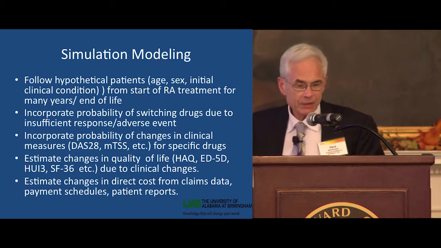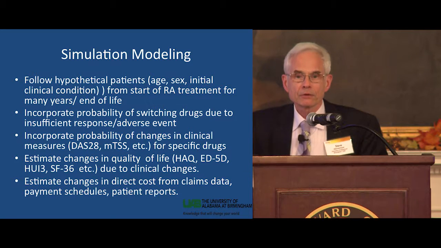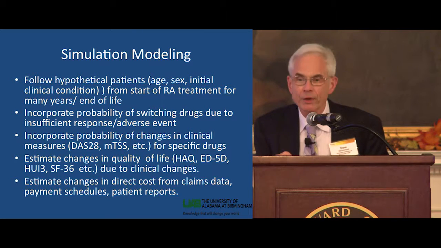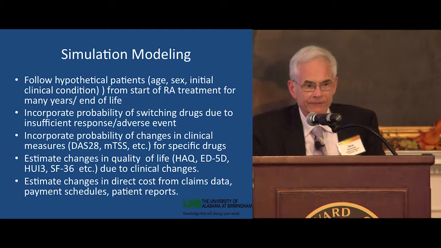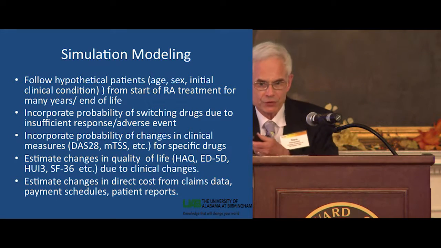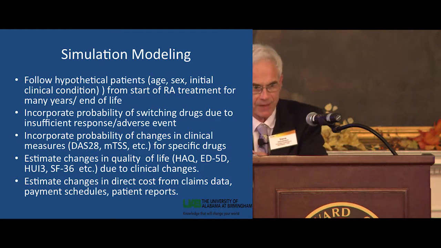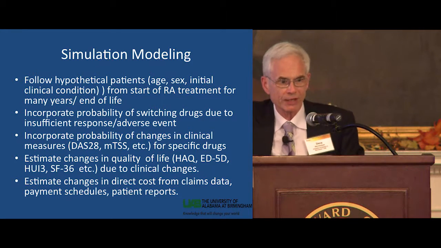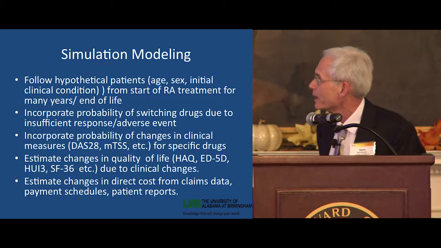And that is based upon what you've already gotten from databases such as Corona, where you've collected both the clinical information and you've used the quality of life instruments so that you have an idea how these two things match up. And then in the simulation modeling, you can use that information to project what's going to happen over the future.